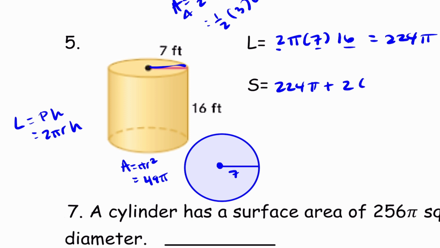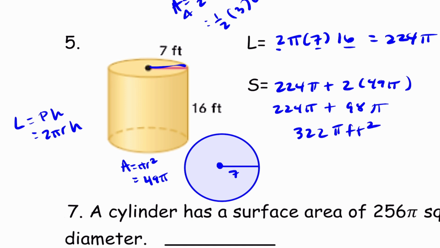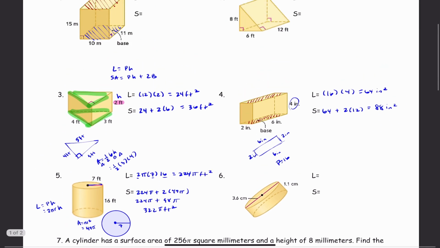So 2 times 49 pi. Okay, so 224 pi plus 49 times 2 is 98 pi. And then we're going to combine the like terms here. So you get 322 pi square feet. That's number 5. Okay.